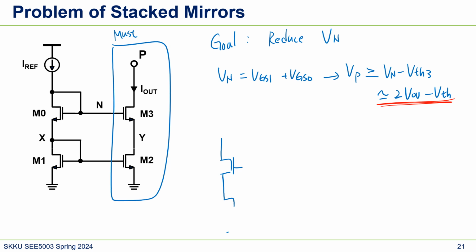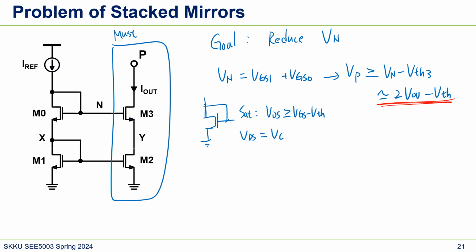Let's see the diode connection first. Diode connection is not optimum in terms of saturation mode, because the saturation mode condition is that VDS should be larger than VGS minus VTH, right? But in diode connection, VDS is equal to VGS.